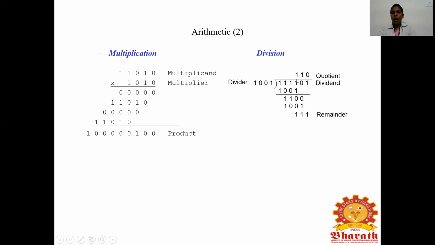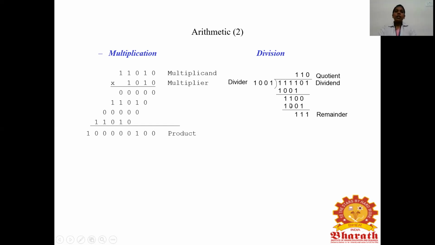So 1 will go in 1. We write 1 0 0 1 here, and then 1 minus 1 is 0, and then 1 1. Then we bring down one digit, and we have to check whether this 1 1 0 0 is greater than 1 0 0 1. Yes, it is greater.